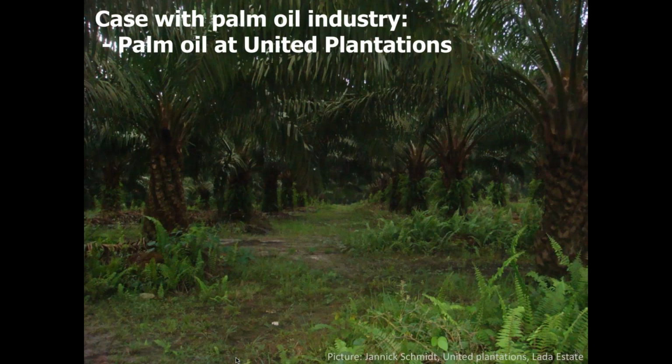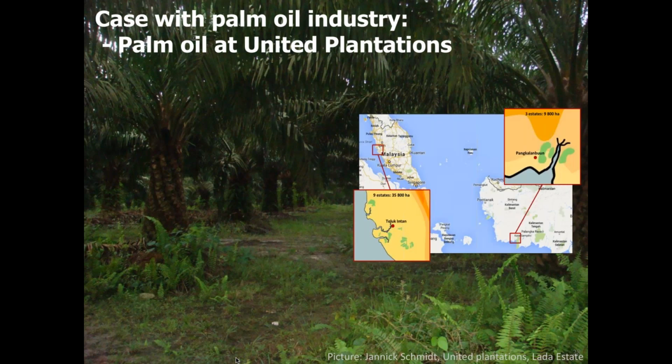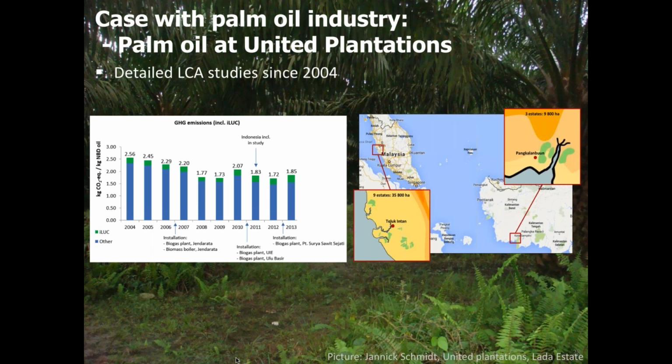So in terms of some more concrete case studies, for example, we applied the land use change model to palm oil production, palm oil produced by United Plantation in Indonesia and Malaysia. This is the result of detailed LCA studies from 2004 until 2014.